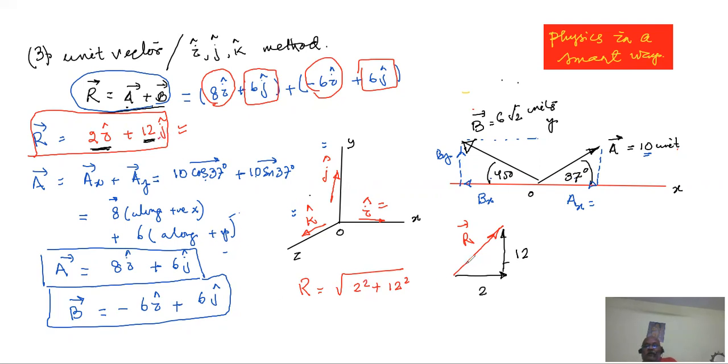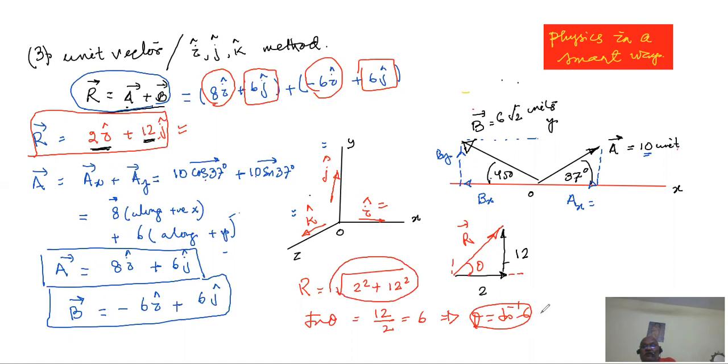And if you are interested to find the angle that it is making with positive x, you know tan theta will be equal to y part by x part, that is 12 by 2, that is 6. And that implies theta equal to tan inverse of 6. Now we get the value of the resultant given by this and the resultant direction given by this. I think it is clear.